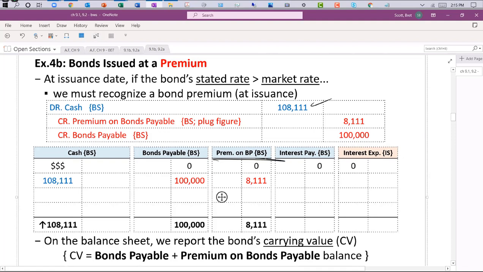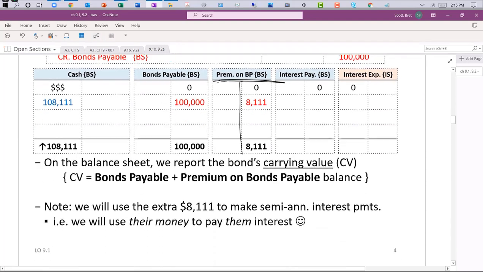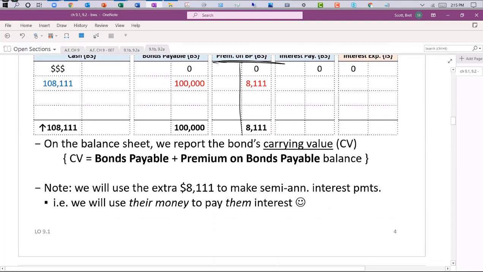We have this bond payable premium account. The carrying value when we have a premium is the bonds payable 100,000 face plus whatever the premium balance is, in this case, 108,111.